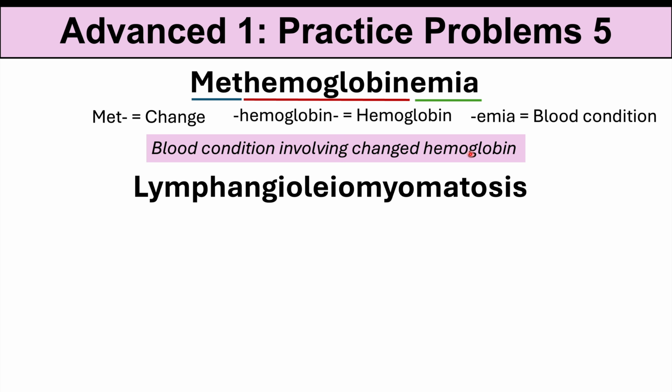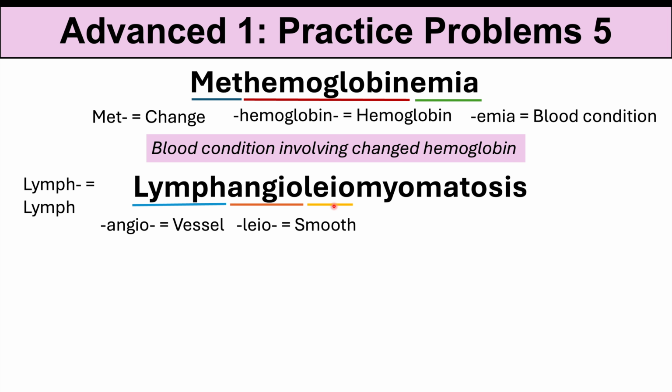And then the last couple of terms we're going to look at are what we call unicorn conditions. So they're going to be a bit more tricky. This one is, again, a very long medical term, but we'll slowly break it down. If we start with lymph, we know that lymph refers to lymph or the lymphatic system. Angio refers to blood vessels or vessels. So this can already show you something. It's something related to lymphatic vessels. But then we have all these other terms. What does leio mean? Leio actually refers to smooth.